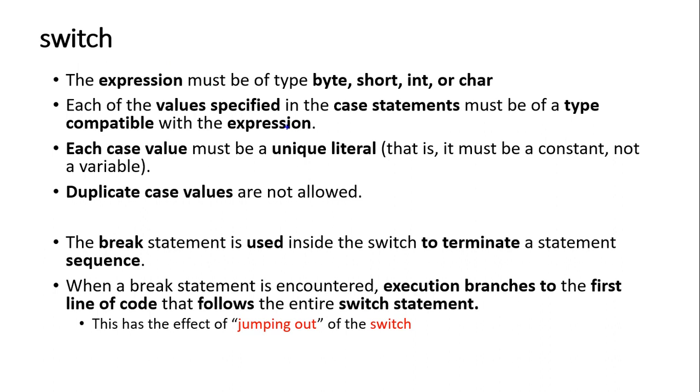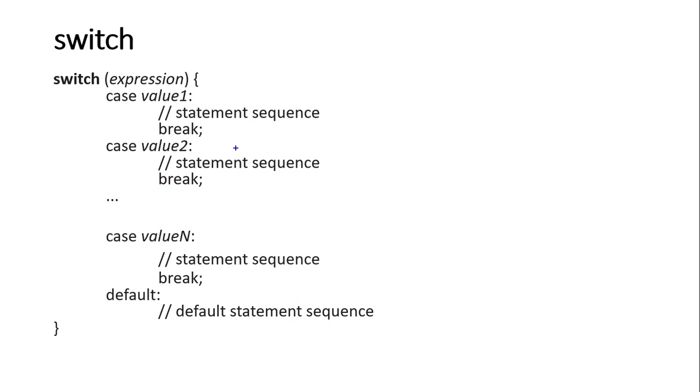Next one, each case must be unique. That means it must be a constant, not a variable. It is as simple as that. And duplicate case values are not allowed. What does this mean? If I go back, I cannot write this as case x where x is a variable.